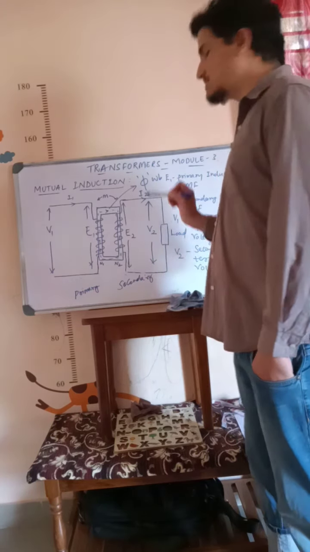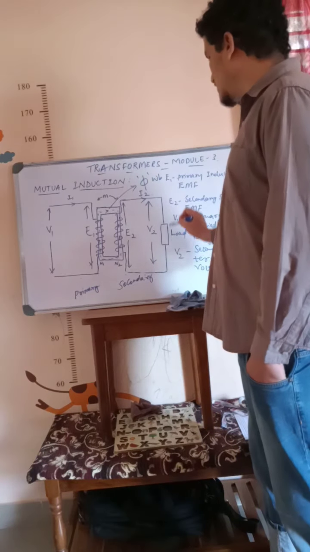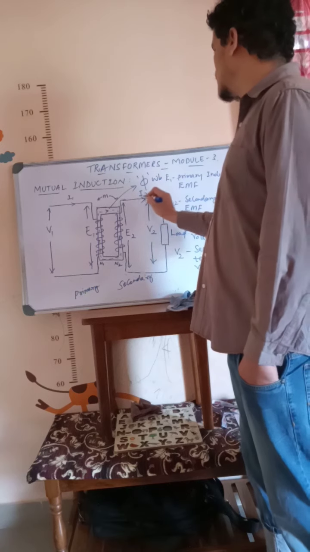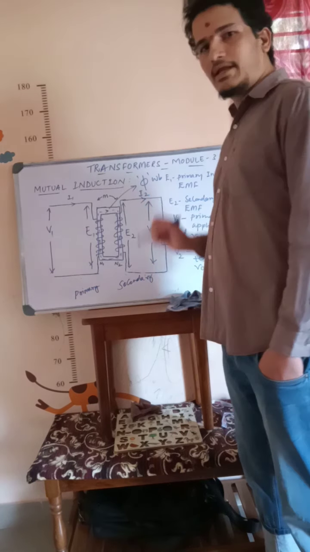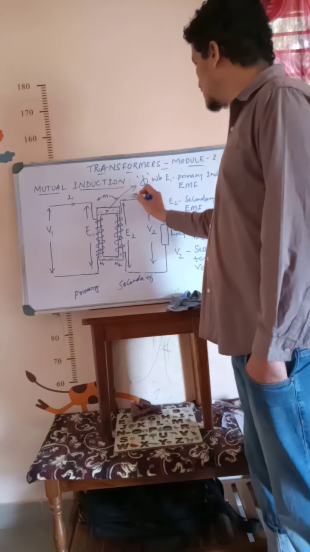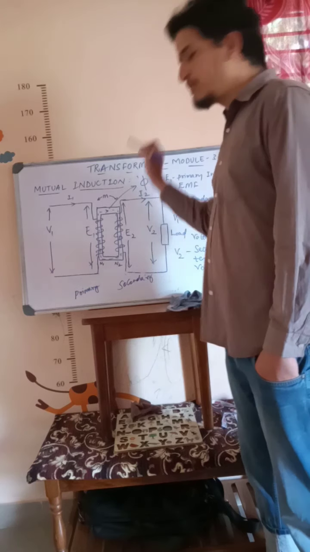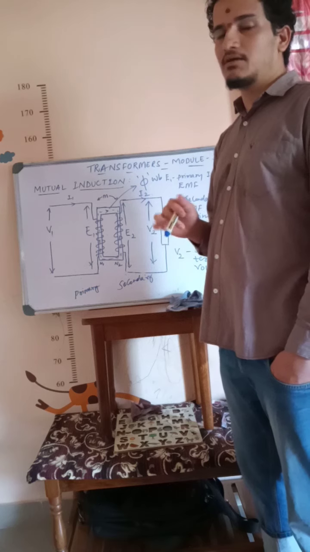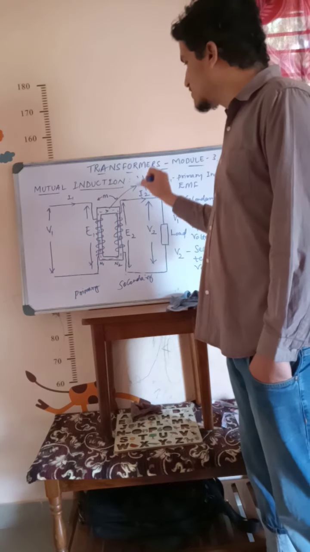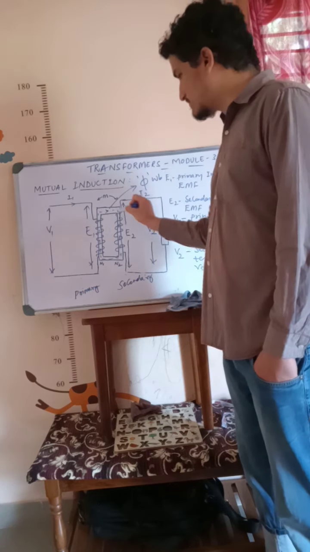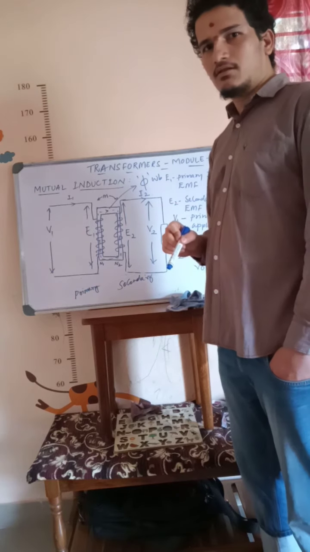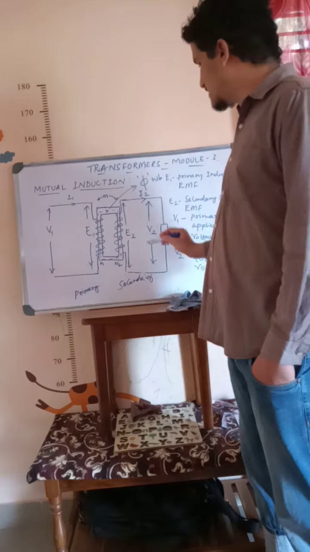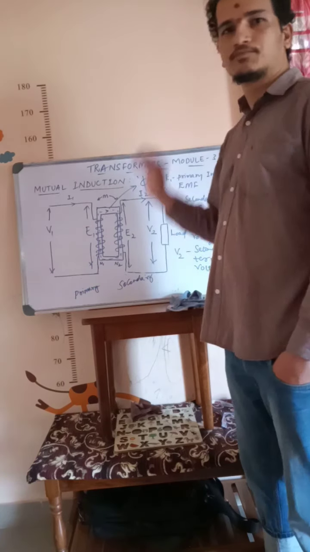If any load is connected, due to the drop in the voltage, practically speaking, for a practical transformer, due to the resistance and reactance of this secondary coil, the voltage drop takes place. E2 minus that voltage drop will be equal to V2.